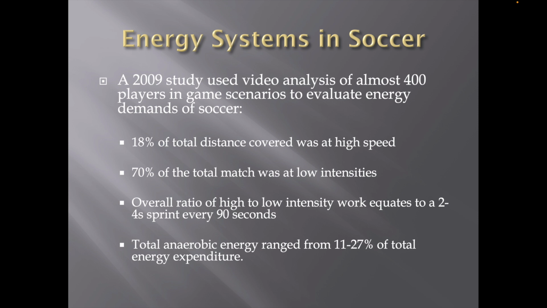What that means is that when the athlete was walking or jogging slowly, not a whole lot of energy was being burned. However, during those 2 to 4 second sprints, a ton of energy, relatively 11 to 27%, was being used to perform those high speed sprints or fast approaches to the ball.